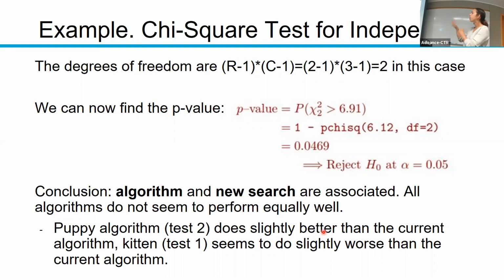What we can find, and it can be seen through the tables as well, is that the algorithm that I've been calling test 2, which is the puppy algorithm, does slightly better than the current algorithm. So if you were Google and you were to look at all these hypothesis tests, you might want to use the puppy algorithm instead of the current algorithm.